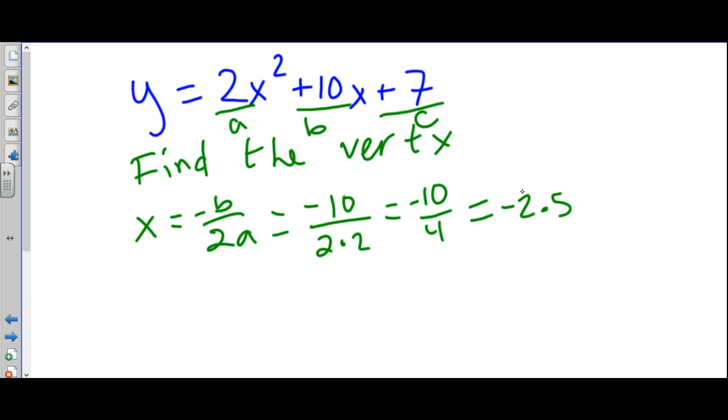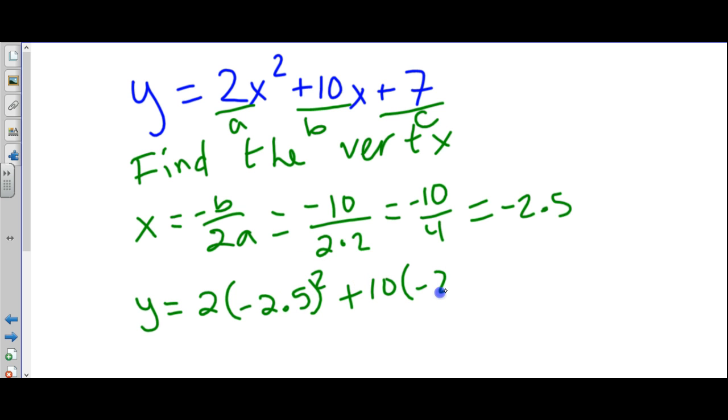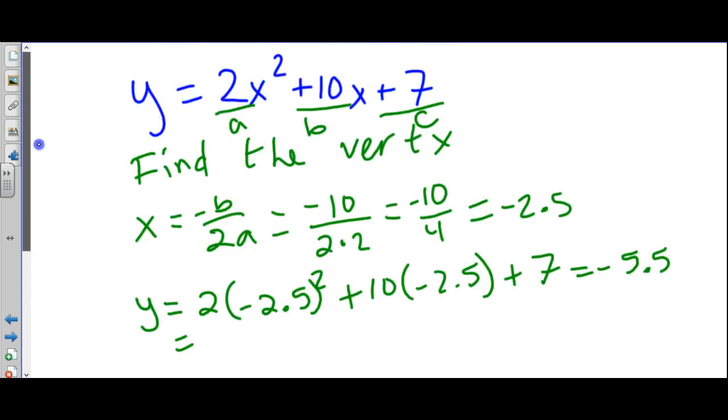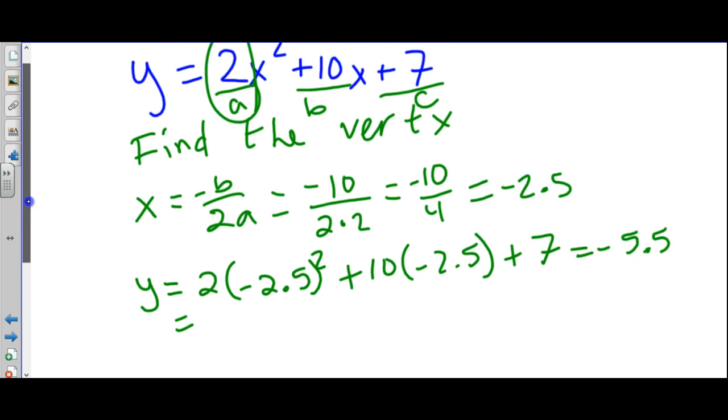So now we need to find the y-coordinate of the vertex. To find the y-coordinate, we're going to plug in the x-coordinate we found everywhere we see the letter x. So we would have to now go plug all of this into a calculator. That gives us negative 5.5. So now I would like to write this in vertex form. We actually already know what a is because a is always that number in front of x squared.